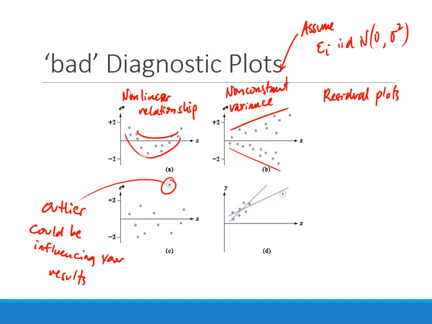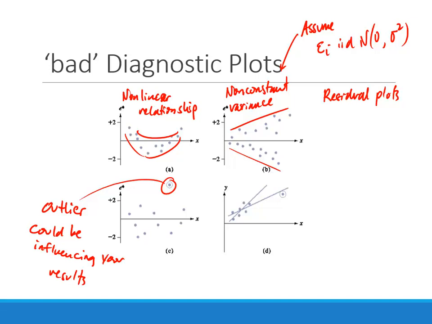Maybe the data was entered wrong. Maybe that data point shouldn't have been in your data set, or maybe that outlier is meaningful, and you might want to say something about it. But anyway, these are three things that you would hope not to see in your residual plots.